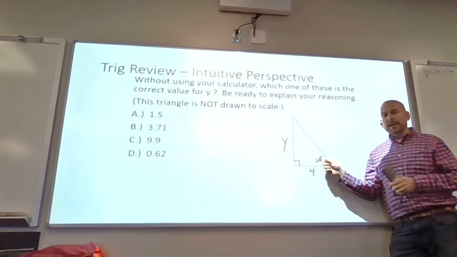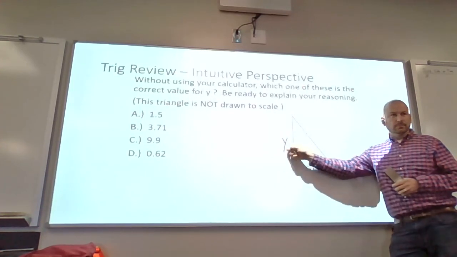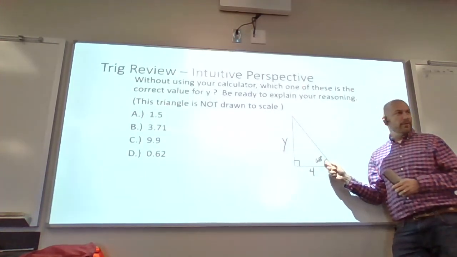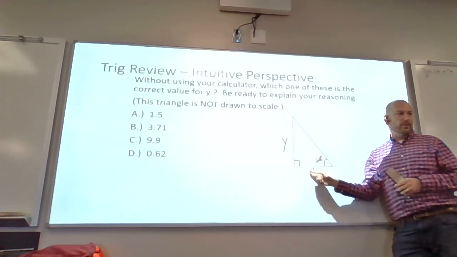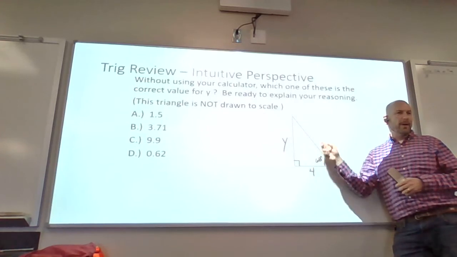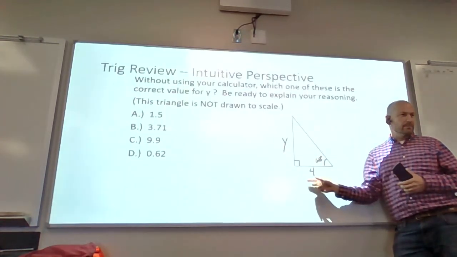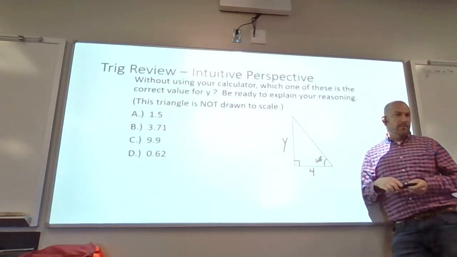If this angle is over 45, then this side is going to be the longer of these two sides. If this angle is below 45, this side is going to be the shorter of these two sides. Hypotenuse is always the biggest, longest. Does that make sense? Okay, so the correct answer is C.